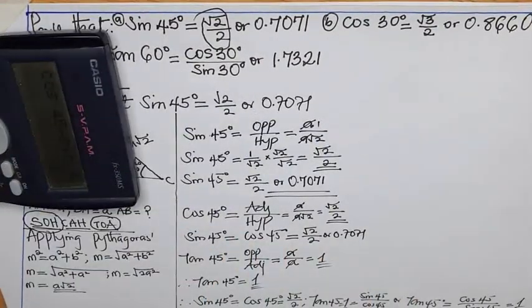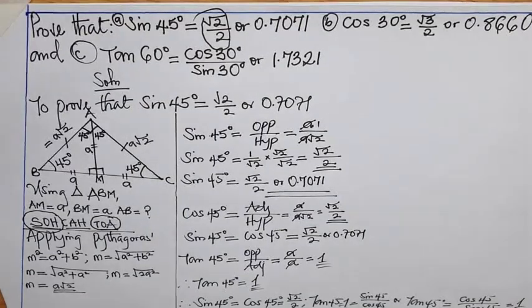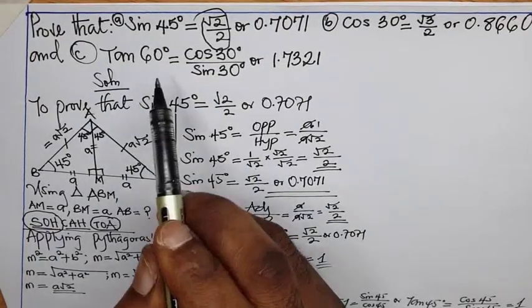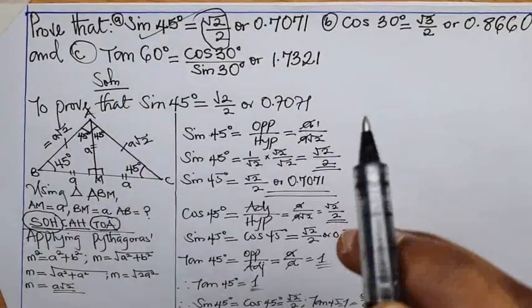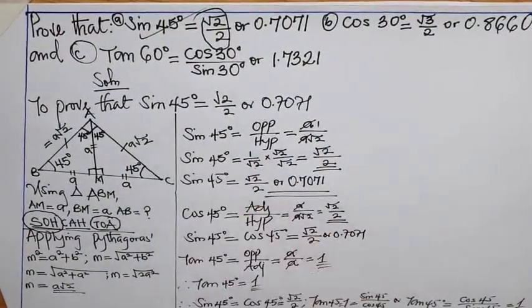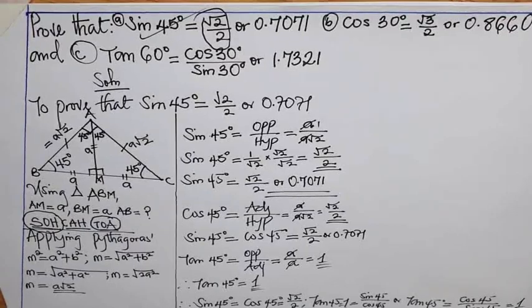So whichever way you reverse it, as long as it's 45 degree you are dealing with, you are going to end up having cosine 45 divided by sine 45 is the same thing as tan 45, or sine 45 divided by cosine 45 is also the same thing as 1. Whichever way, we have ended up proving that sine 45 is exactly 0.7071 or root 2 upon 2. That's the first question answered.